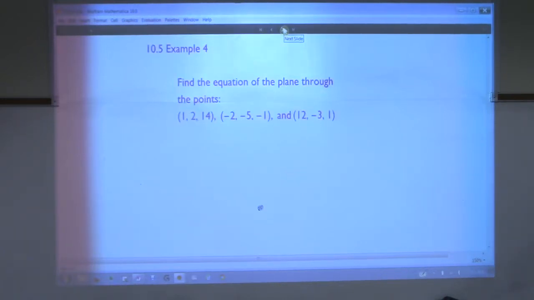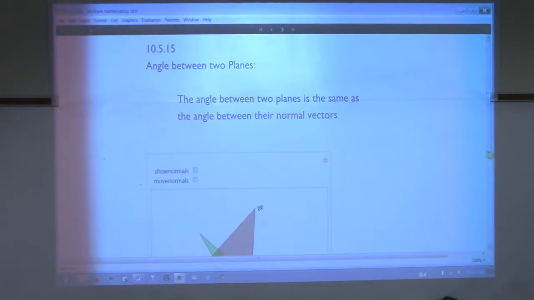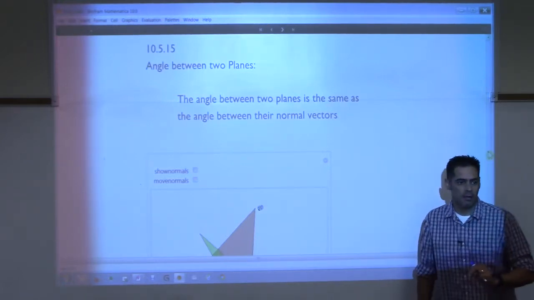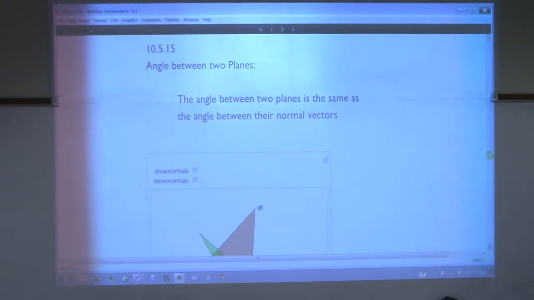All right, so given 3 points, you can find the equation of the plane through them. Now the next thing that we want to discuss is if you have 2 planes, can we find the angle between them? I need some planes.